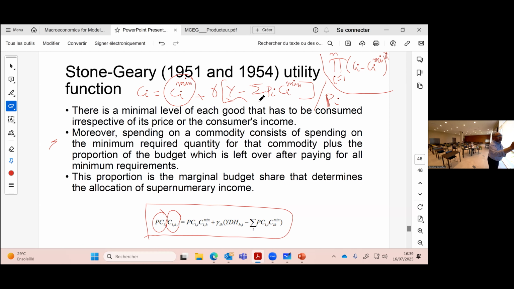And here, it is what we call the surnuméraire. When we pay for all the minimum we have for each good, and we look at all the expenditure or all the income, the difference can be used between other goods. This is the specification.